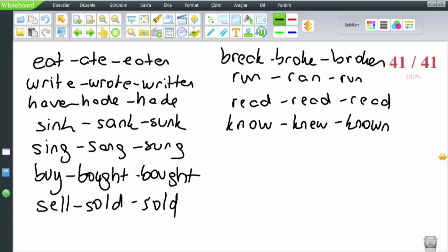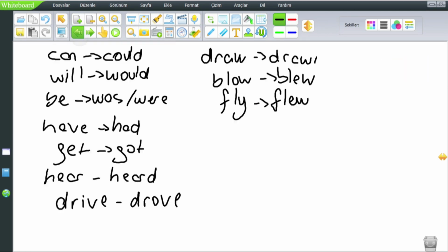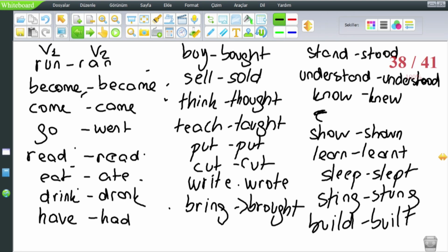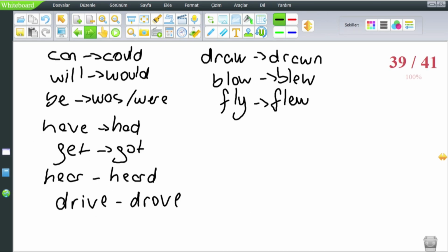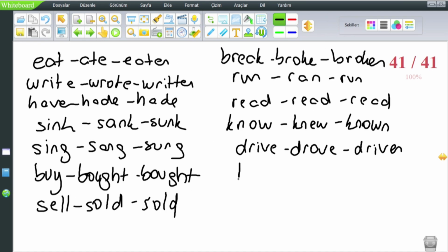Let me think. Drive, drove, driven. Let me look from here. Think, thought, thought.